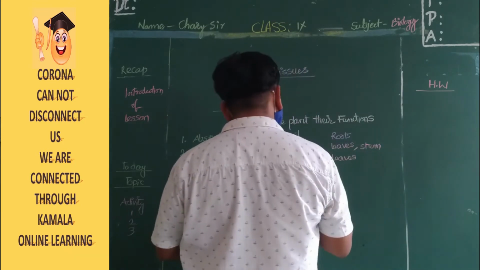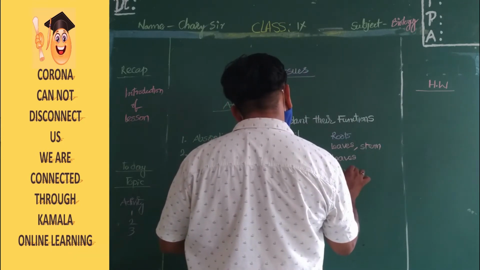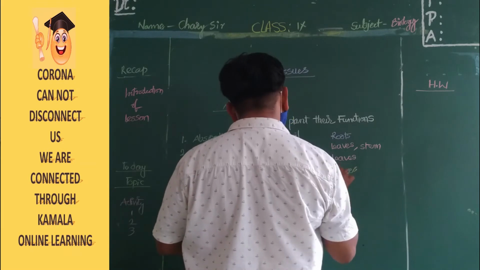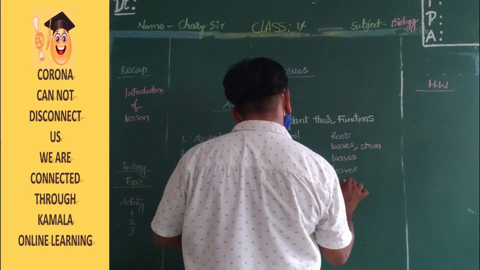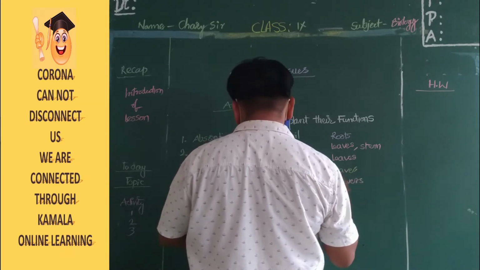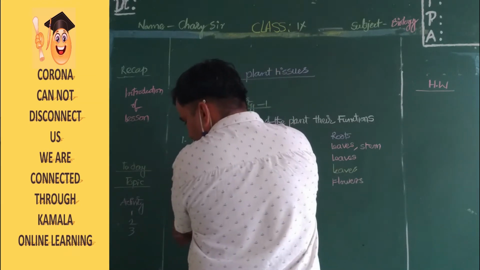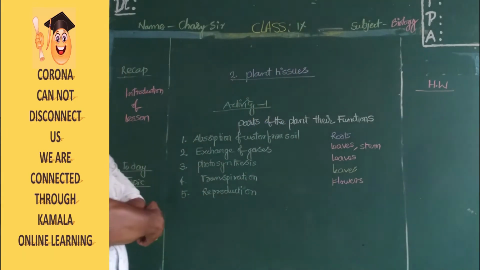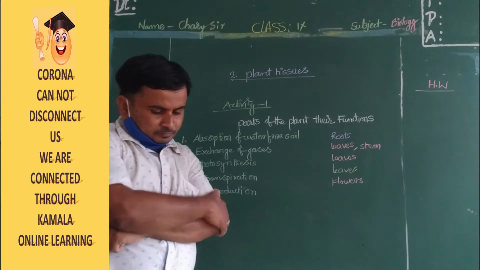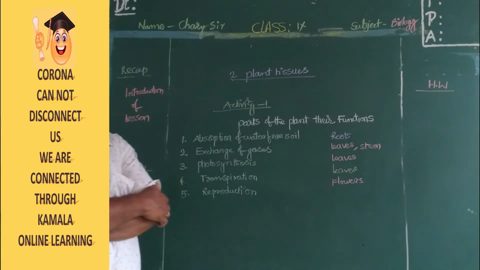Next, transpiration: leaves. Reproduction: flowers. These are the parts of the plant which do different functions. Next, how can the plant perform the life processes?